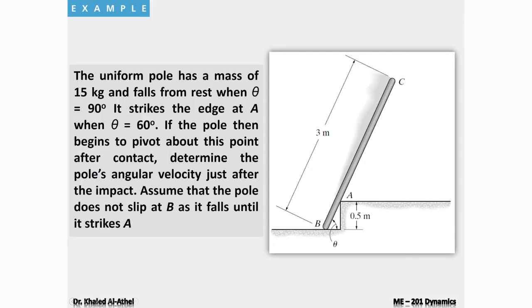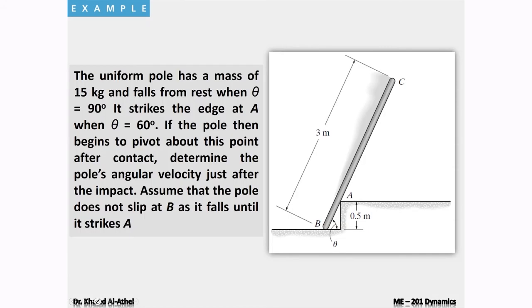So for this problem, to understand it, you need to draw 3 diagrams to understand what's going on. The first diagram, position 1, let's call it, is when the rod is vertical like this, and it is rotating around point B. Okay, so it's rotating around point B, and this is the center of mass G. Okay, so it begins to fall. The problem says it begins to fall.